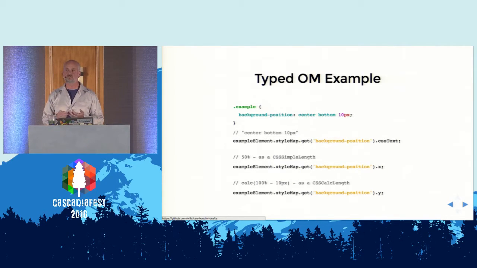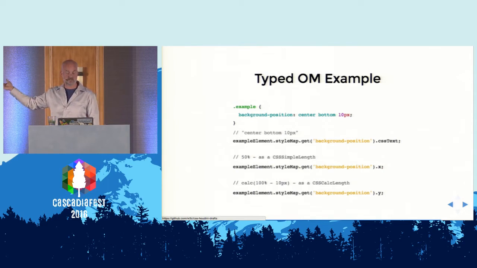There was a Google Polymer project that was doing just a tiny bit of custom layout. And they did some profiling on their code and found that 40% of their code execution was just parsing strings in their CSS.